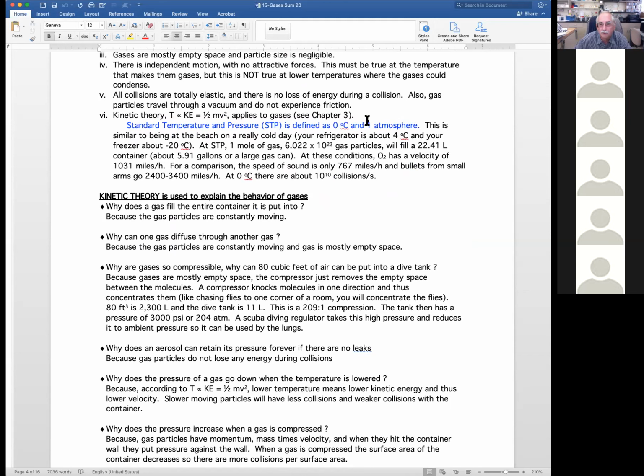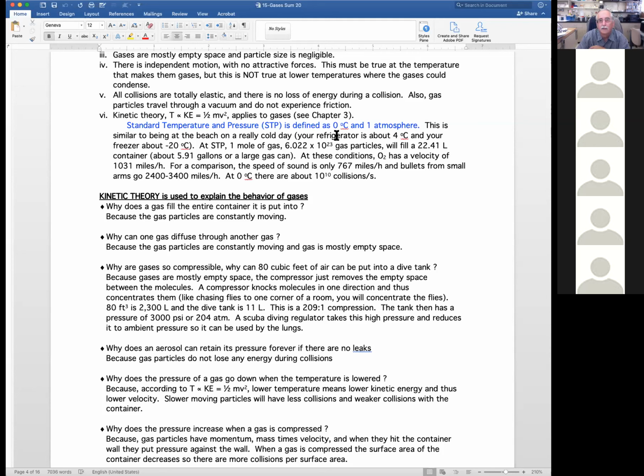So 1 atmosphere is the pressure that you're experiencing approximately now at sea level. And 0 degrees is going to be Celsius, not Kelvin, because at Kelvin there is no motion at all. So that's a really, really cold day. So your refrigerator is about 4 degrees, your freezer about minus 20 degrees, right?